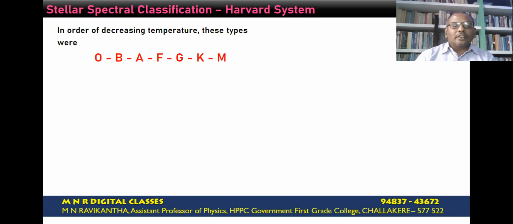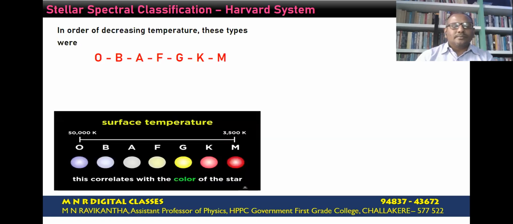The O class star corresponds to the hottest, and the M class star corresponds to the coolest star in the sky. Let us have a brief look at the variation. A star with a surface temperature of approximately 50,000 corresponds to O class. Then as it cools down, the temperature falls through the O, B, A, F, G, K, M stars.